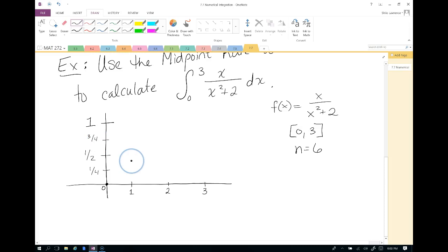So a third is about here. If you plug 2 in, 2 squared is 4, plus 2 is 6, so you're going to have 2 over 6, which is also a third. So there's like a little hump in between there. And if you plug 3 in, 3 squared is 9, plus 2 is 11. You've got 3/11ths, which is less than a third, but more than a quarter, because a quarter is 3/12ths.